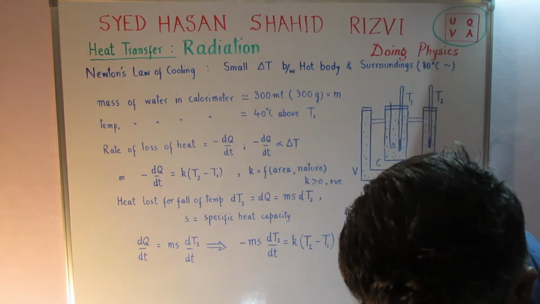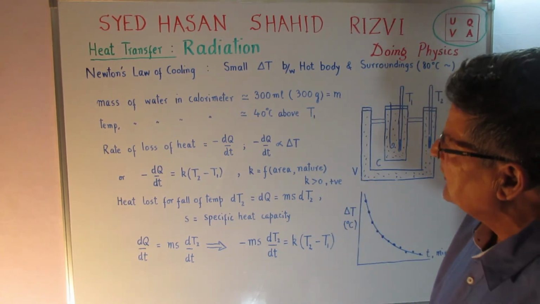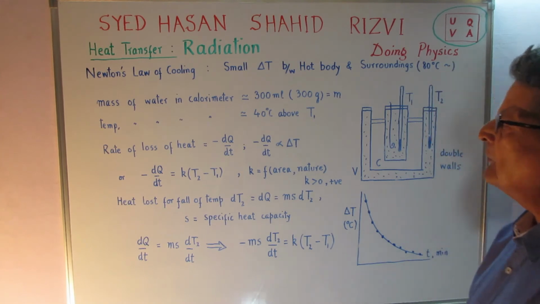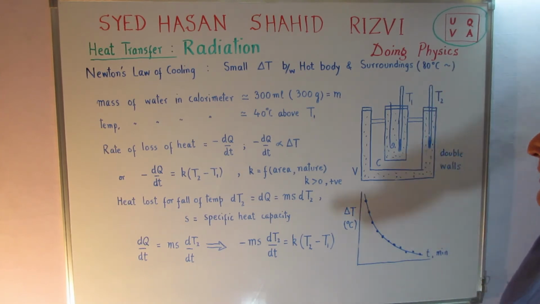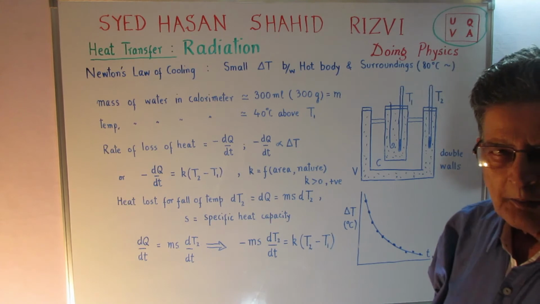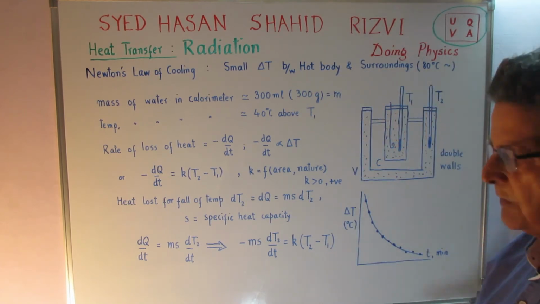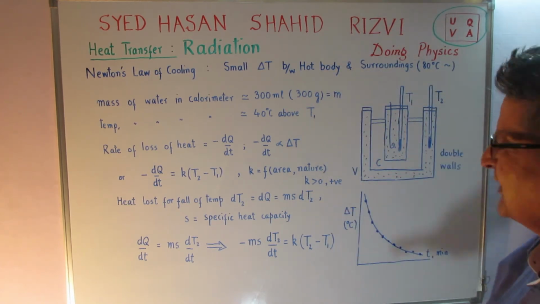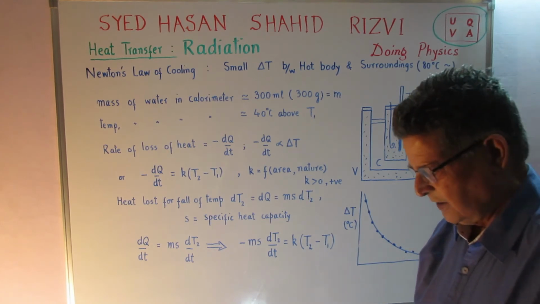Okay, so let's see. Newton's law of cooling deals with a small temperature difference between a hot body and its surroundings, not more than 80 degrees Celsius in any case.